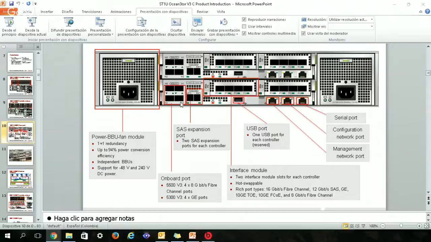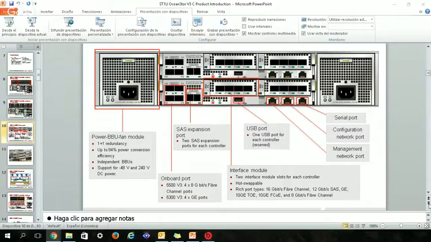The onboard port is not hot swappable, and we can just connect here 8 gigabit per second Fiber Channel for the 5500, and on the 5300 I connect on these 4 dedicated ports, 4 gigabit Ethernet ports. Of course there is the serial console port, and I've got one dedicated configuration network port and one management network port. I will cover that in detail later on.